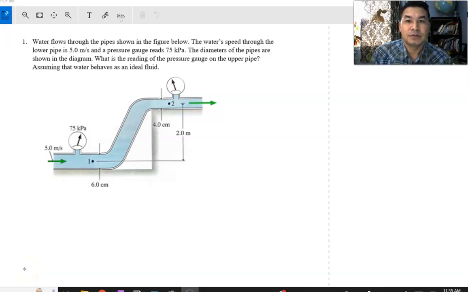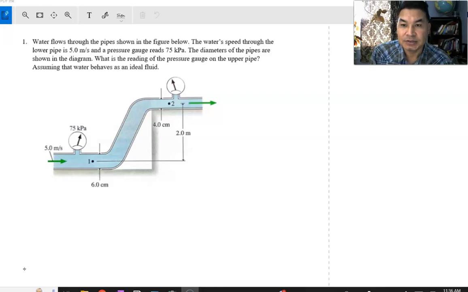Here's the first problem on fluid dynamics I'd like to show you. This problem says, as shown in the diagram, water flows through the pipes, and the speed of water at the bottom pipe is 5 meters per second.